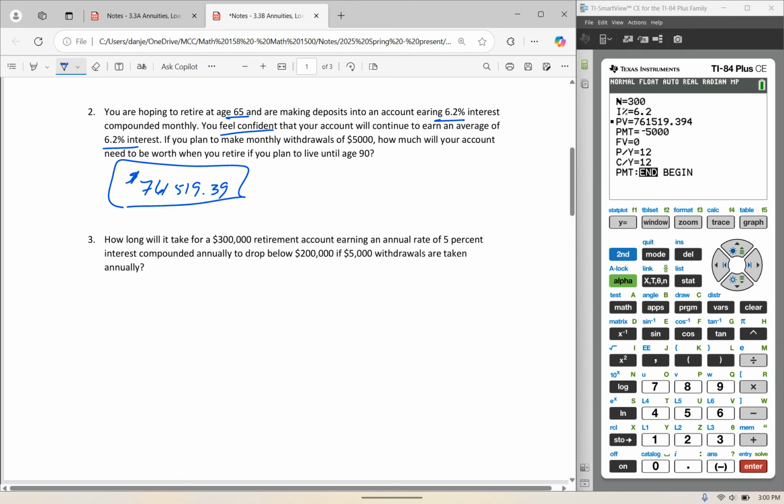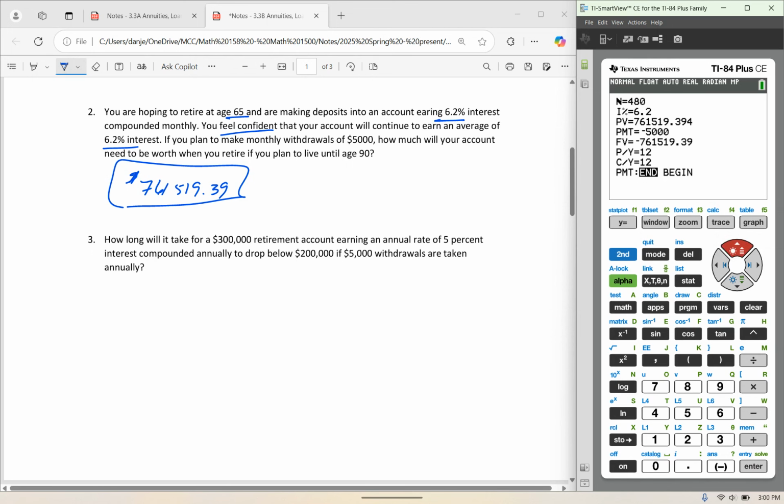If I want to think back to my previous video, when I say, if I'm 25, and I'm going to be putting money into this account monthly for 40 years, how much do I have to invest monthly to get this to be worth the $761,519? All I would need to do is move that $761,519 down to my future value, but I'm going to remember that it would be negative.